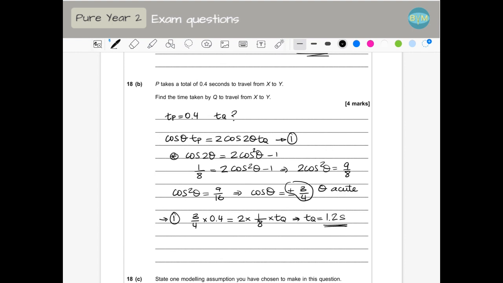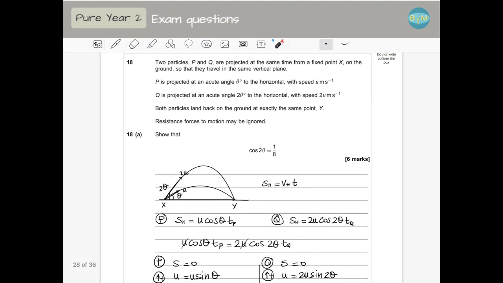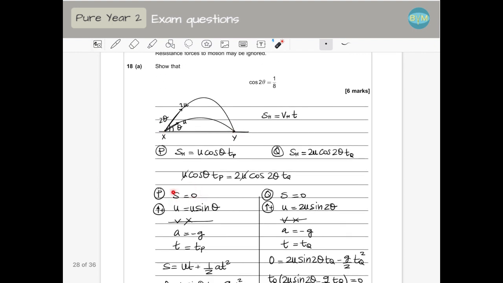Yep. And the next thing, and the last one, is state one modeling assumption you have chosen to make in this question. So one common thing when you have projectiles is that we are considering that our ground is flat, so the height of this point is the height of this point. That's where we say that vertical displacement is 0, but that's an assumption. That's something that in real life is unlikely to happen. Usually ground is not completely flat.